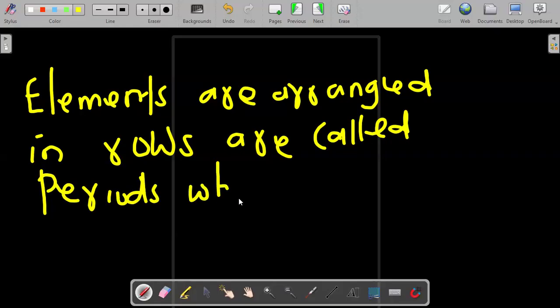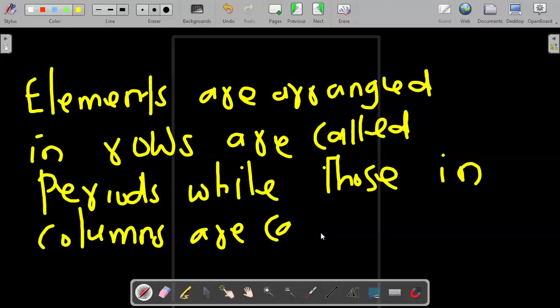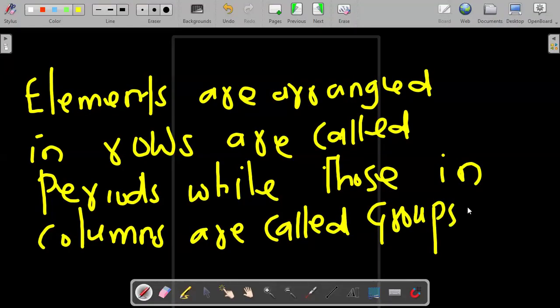Those in columns are called groups. So this is how the elements are classified according to Mendeleev, the Russian scientist.